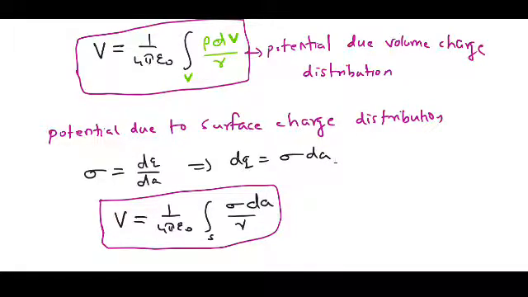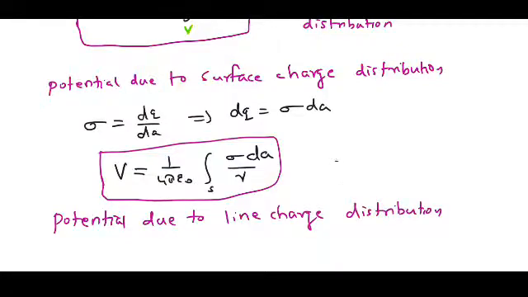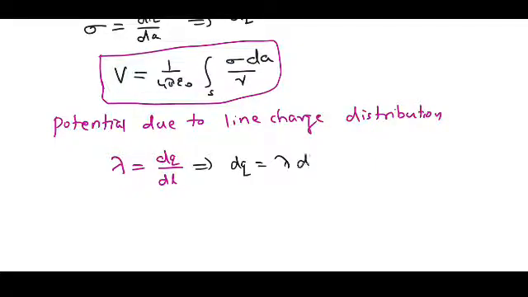Then potential due to line charge distribution. If lambda is the linear charge density, that is dq by dl, then from this one can write dq is equal to lambda dl.